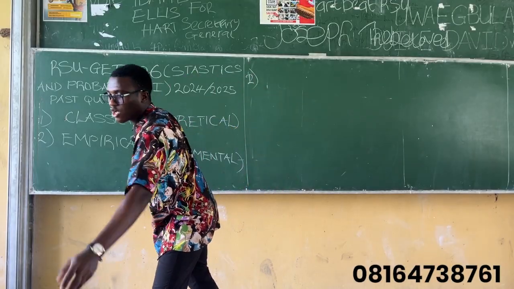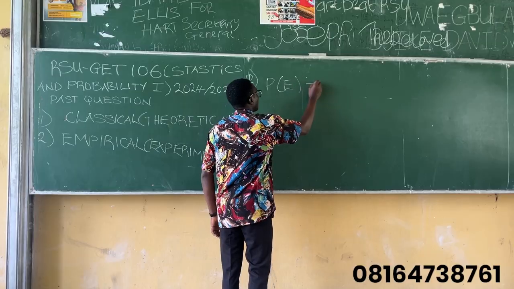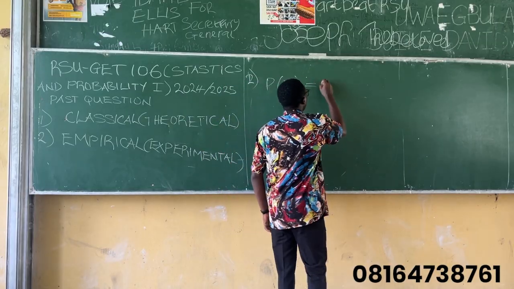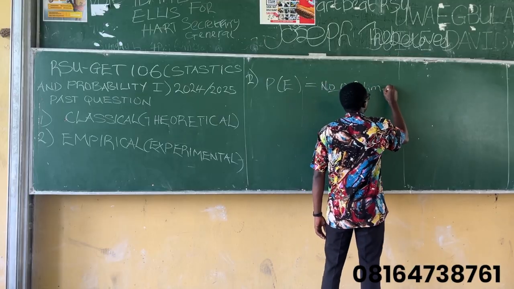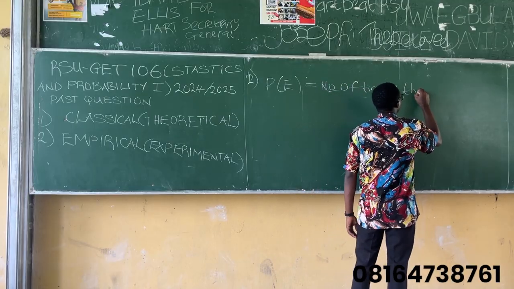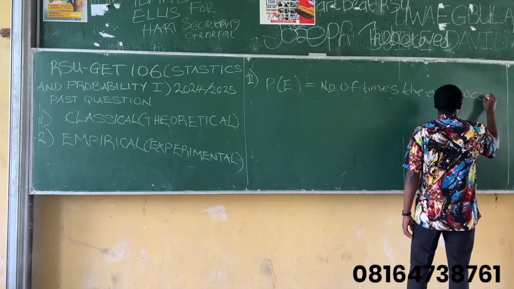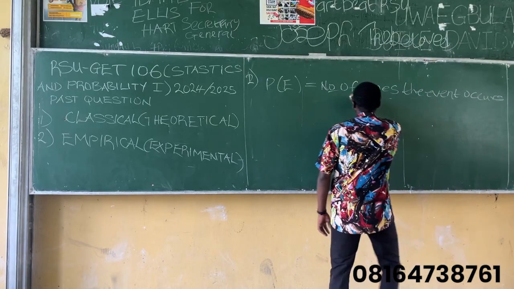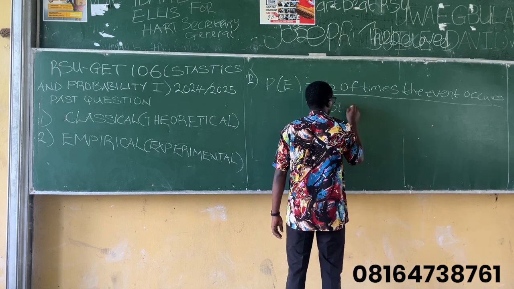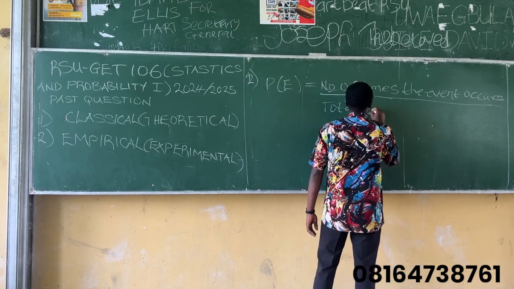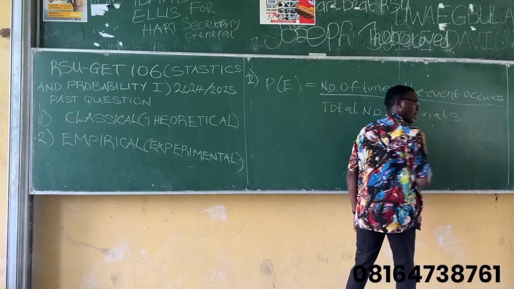the experimental method: the probability of the event is equal to the number of times the event occurs, all divided by the total number of trials carried out.